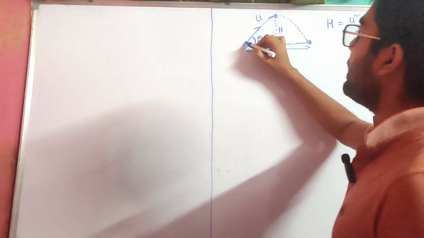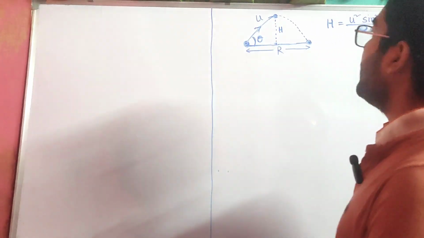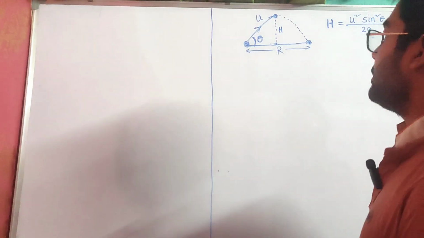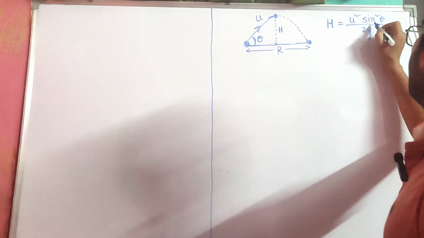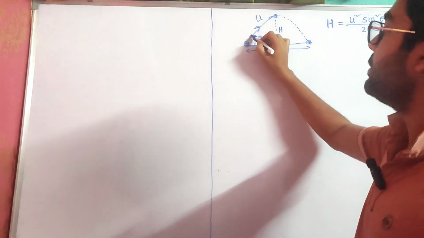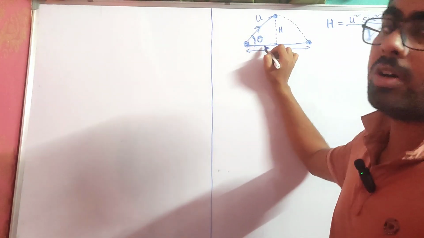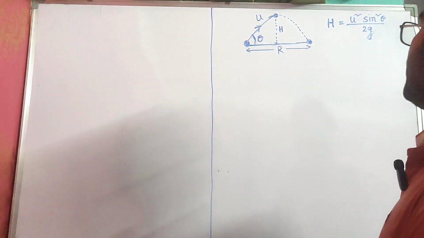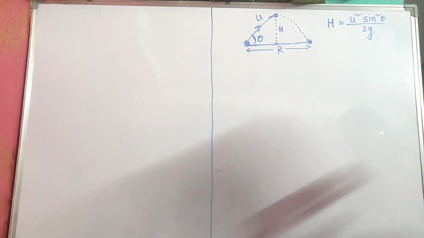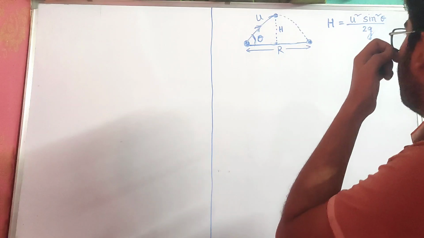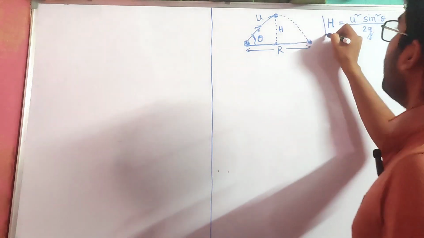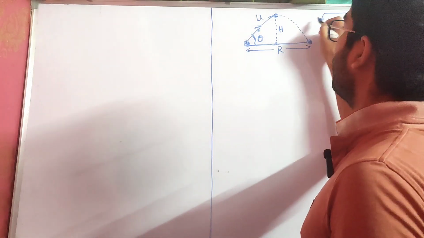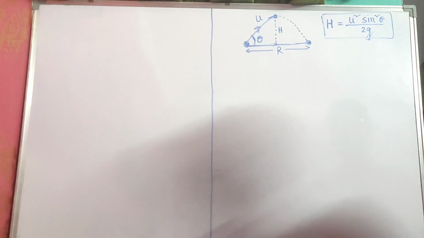U is the initial velocity when this body is thrown by me, theta is the angle of velocity with the horizontal line, and g is the gravitational acceleration. And this is the formula of h, the flight height of a body.